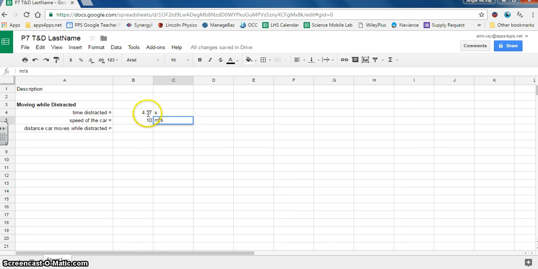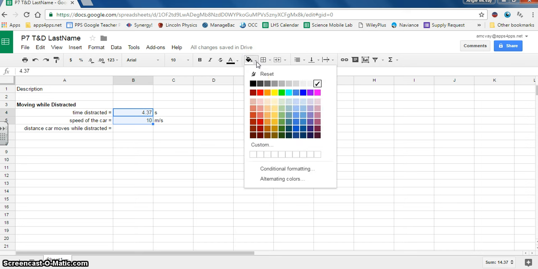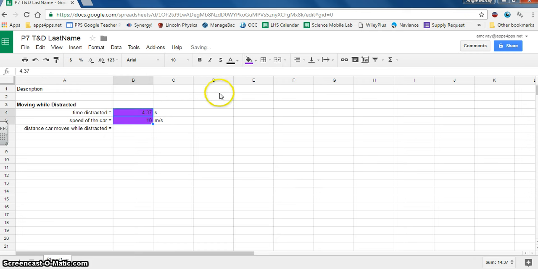Okay, and then it's important that our user knows that we're actually expected to put information into these 2 cells. Okay, so I'm going to make these 2 cells a color, and I really like purple, so we'll put purple.